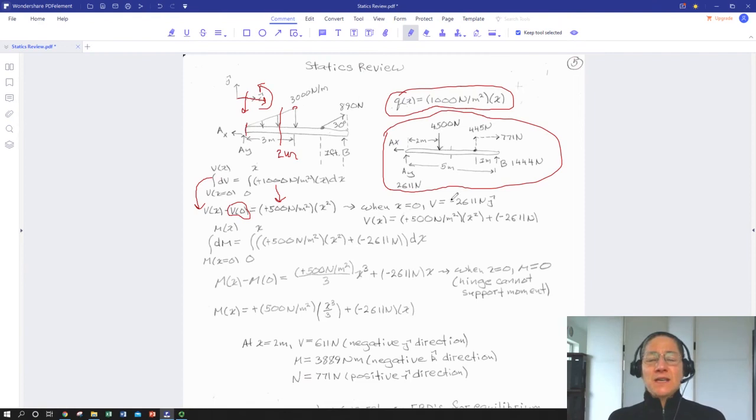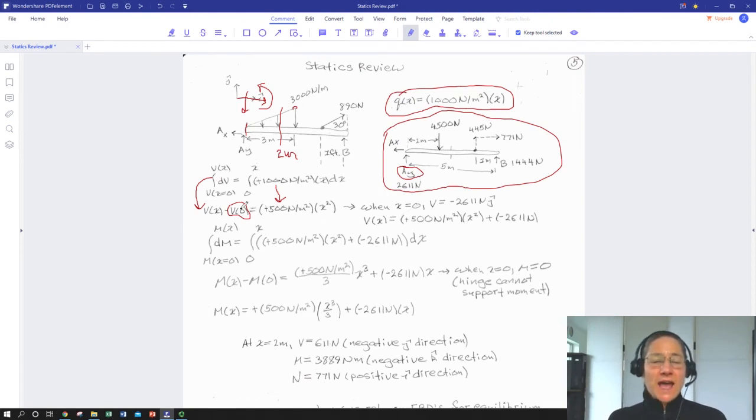So that gives me v at 0, with a value for A sub y, as being negative 2611 newtons j hat. So it's working in the downward direction.